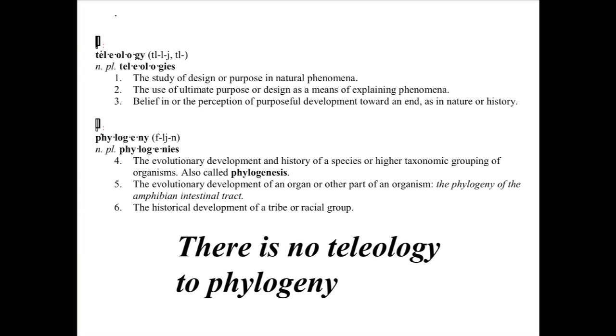So what does this mean, really? Teleology is the study of design or purpose in natural phenomena. So there is no design or purpose to biological phylogeny, which is the history of an organism's development. So the evolutionary development or history of a species and its taxonomic grouping is what we call phylogeny.